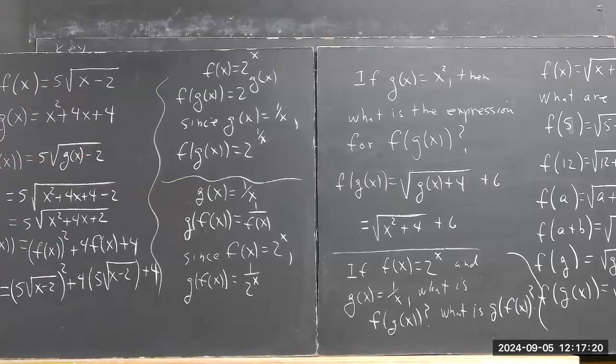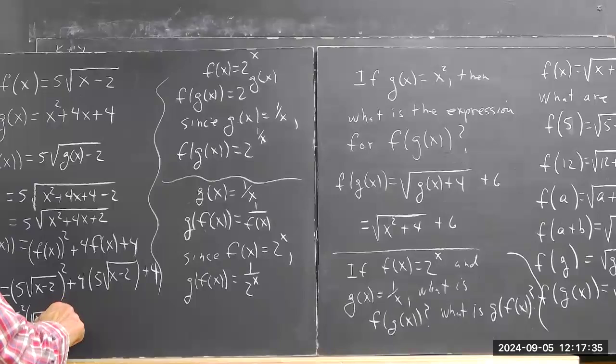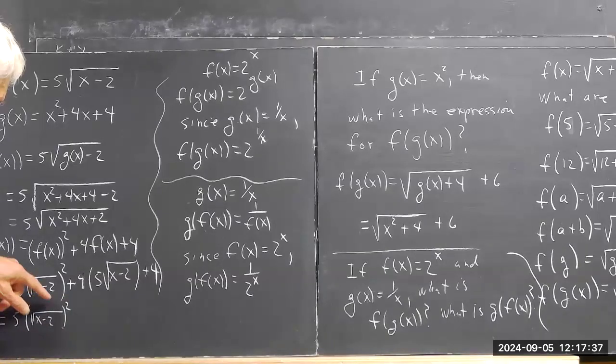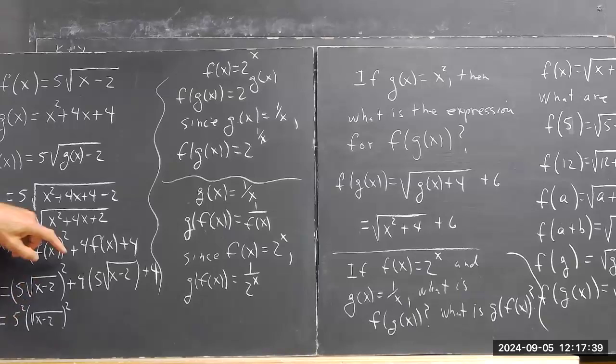Then we have our plus 4, which hasn't been affected. Now, if we square 5 times the square root of X minus 2, we get 5 squared times the square root of X minus 2 squared, because squaring does distribute over multiplication.